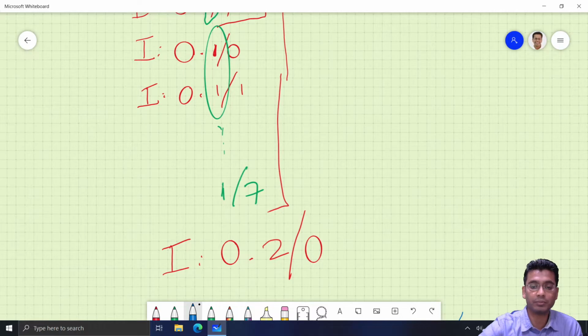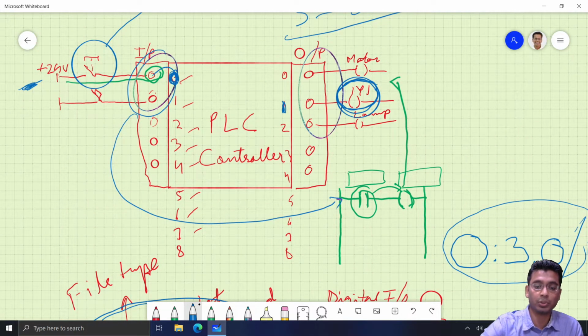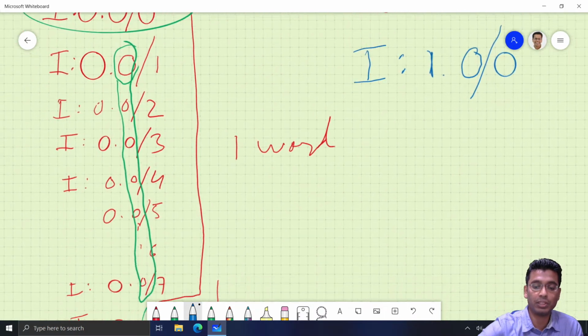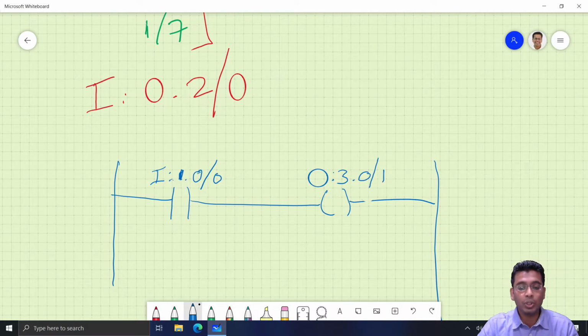If you just see here, I had connected to the first bit 1. So we will just go ahead and write this as 1. Okay. So this is your exact addressing here.